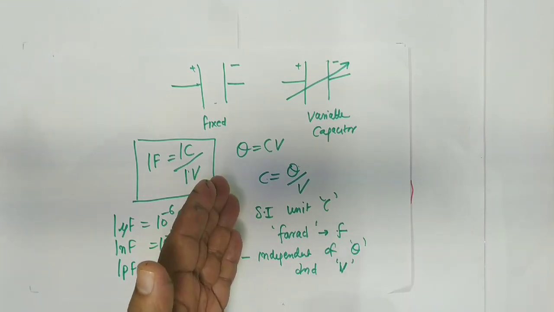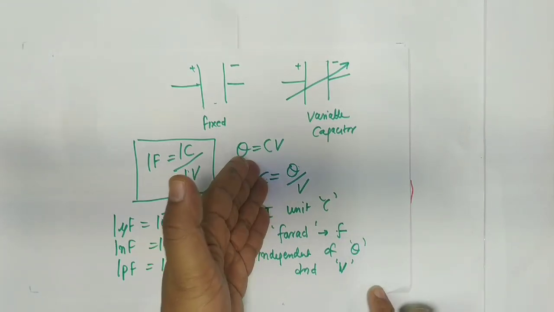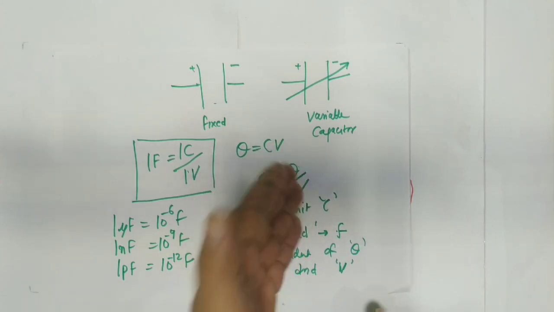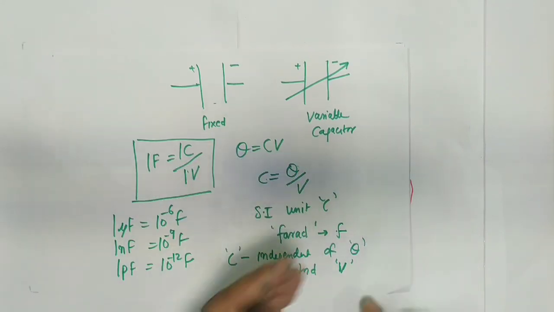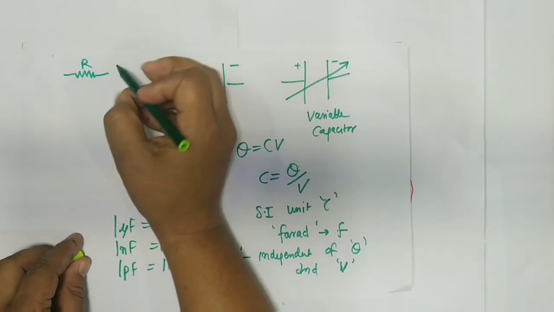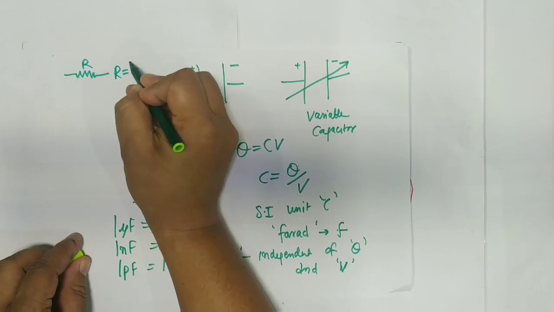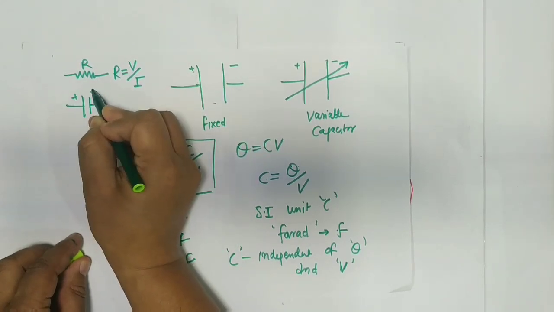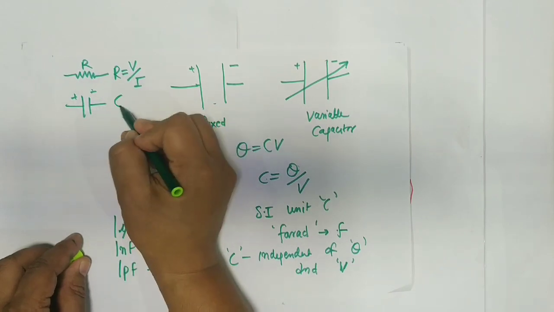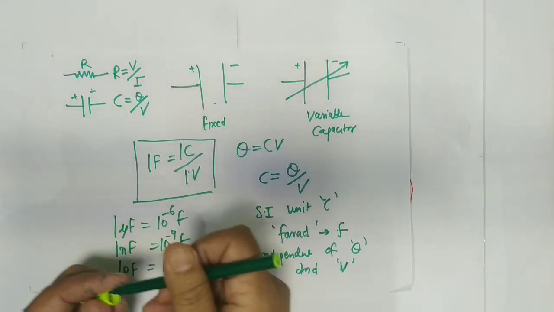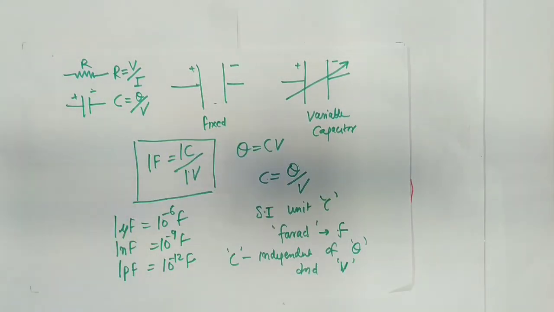In Ohm's law, R was V by I. Here C is Q by V. So these are things we already know from Ohm's law. This is the law of the capacitor, Q equal to CV.